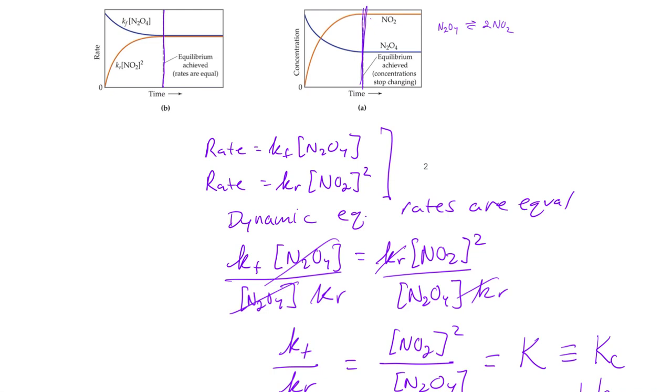So we got to a point where the rates were certainly equal. The number of products being added back to the reactants was equal to the number of reactants added to the product side. But this isn't where you expected it to end up, is it? How do you think we could change that? Yeah, the size of the cups. So the size of the cups will dictate our equilibrium level.